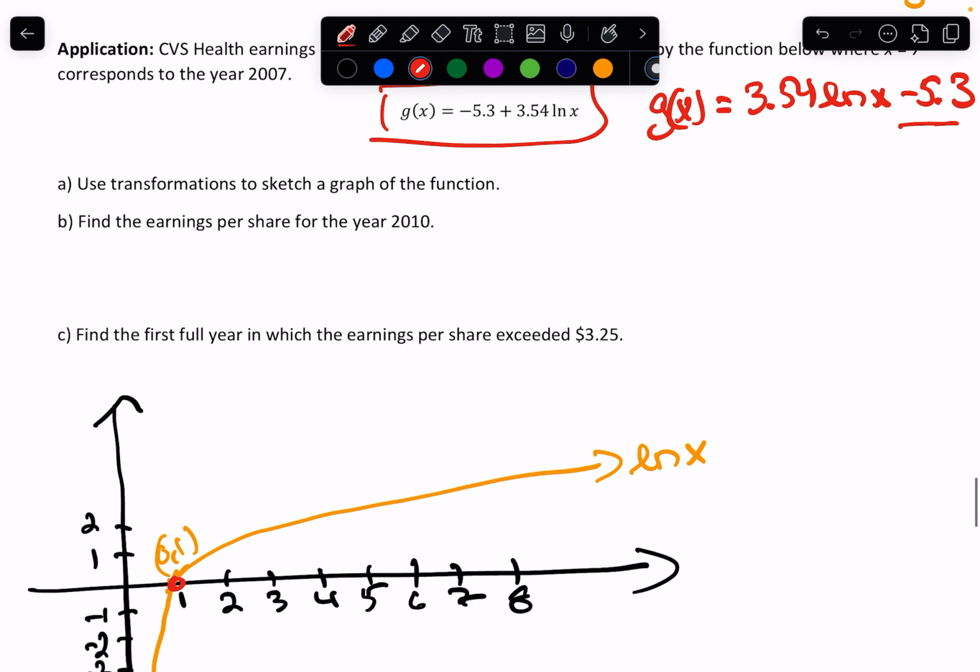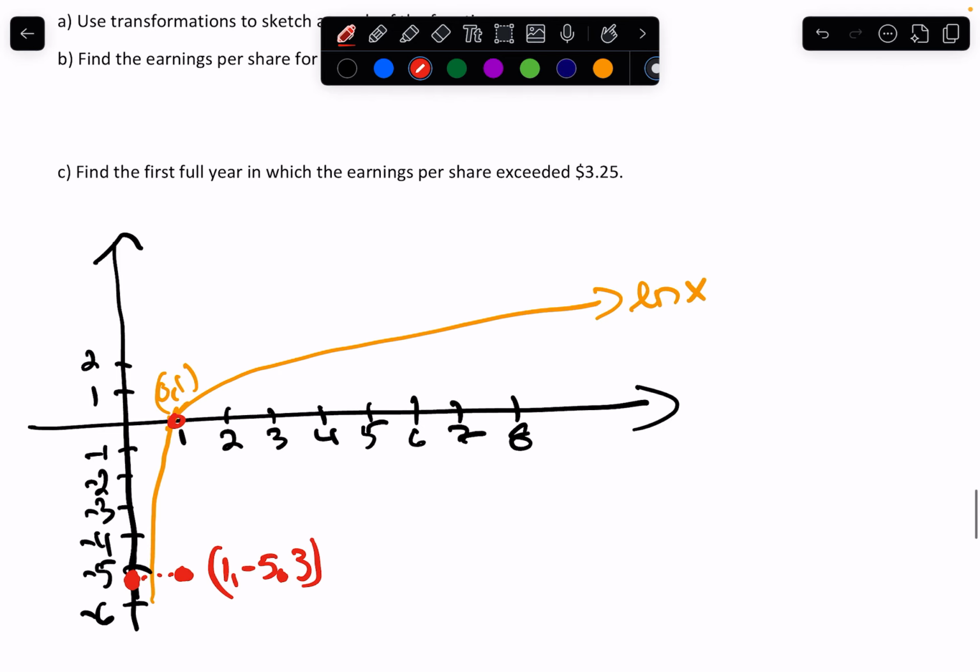Then we've got 3.54, which means that we're vertically stretching the natural log.